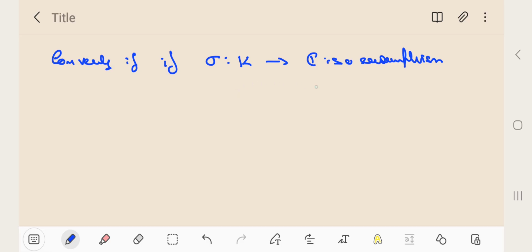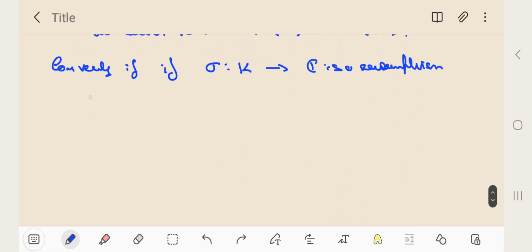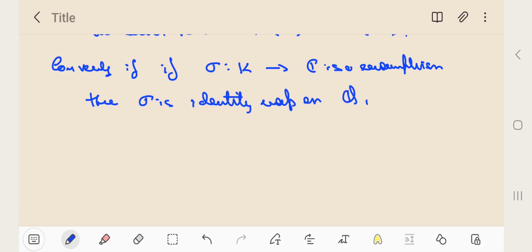So conversely, if sigma from K to C is a monomorphism, then clearly sigma is the identity map on Q, right? Because if under sigma two rationals are the same, then the rationals themselves need to be the same, and in fact the map will be exactly equal to the rational number. Okay.